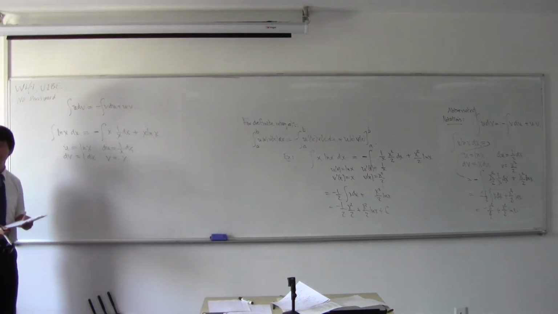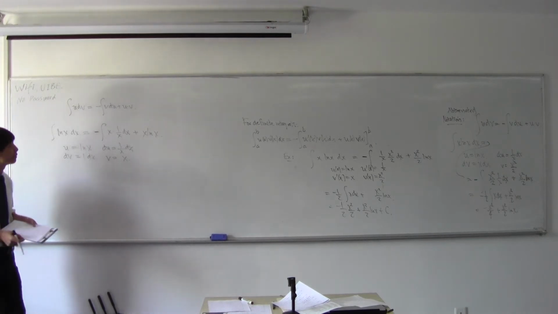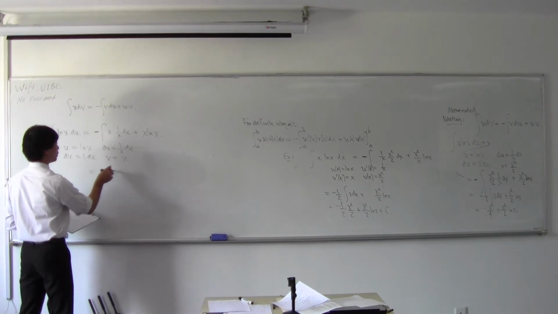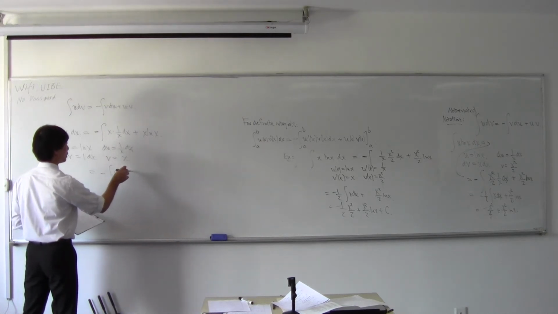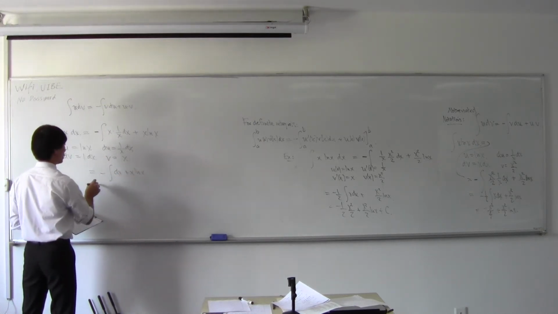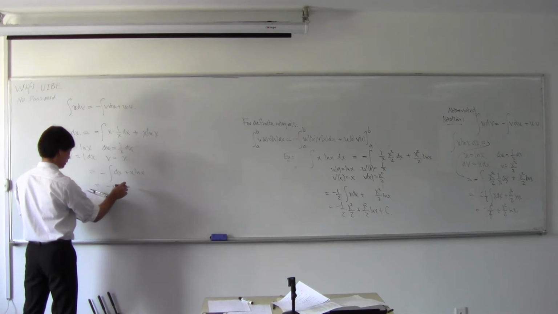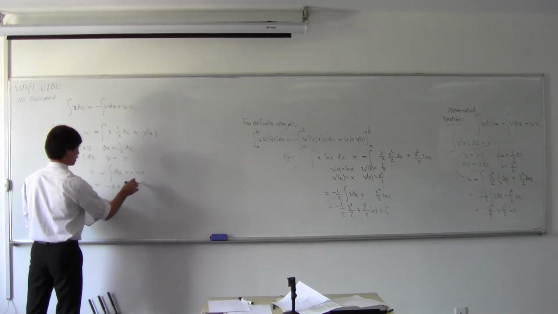So we get negative the integral of dx plus x ln x. In other words, we get negative x plus x ln x plus c.